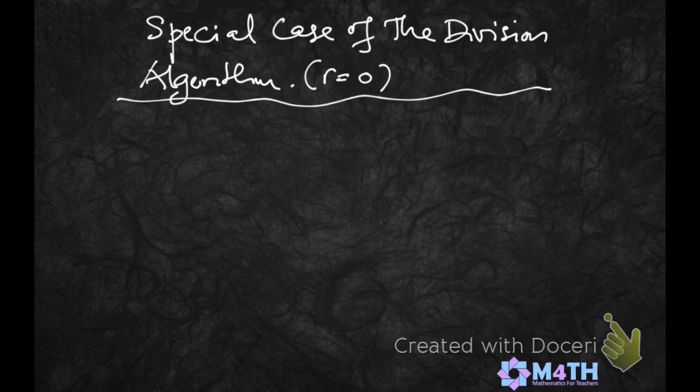Then we have a equals bq plus 0, so a is equal to bq for some integer q.